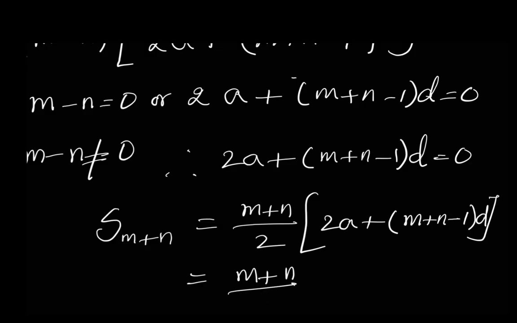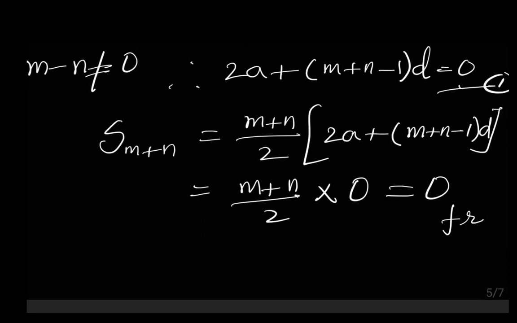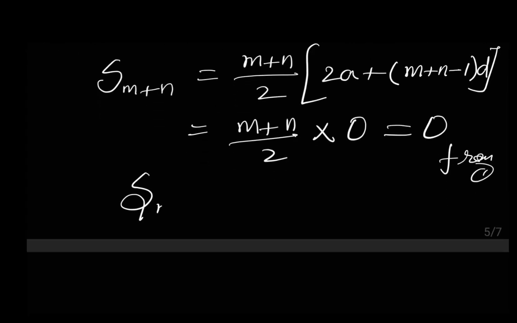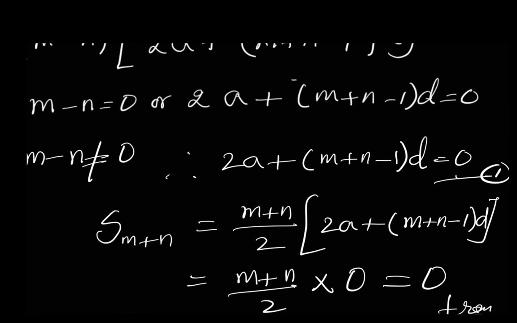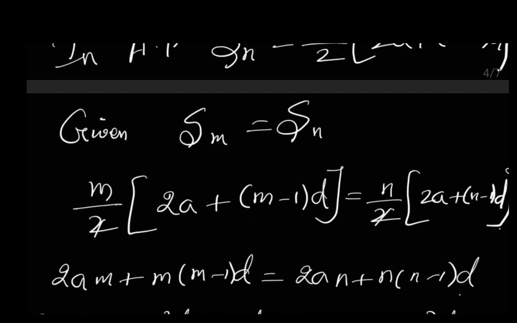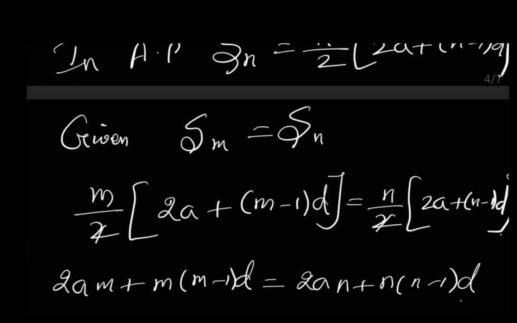Therefore, m plus n into 0. This is equal to 0. Just you mark this as 1 and write from 1. So this is the proof. S of m plus n is equal to 0. This is the answer.